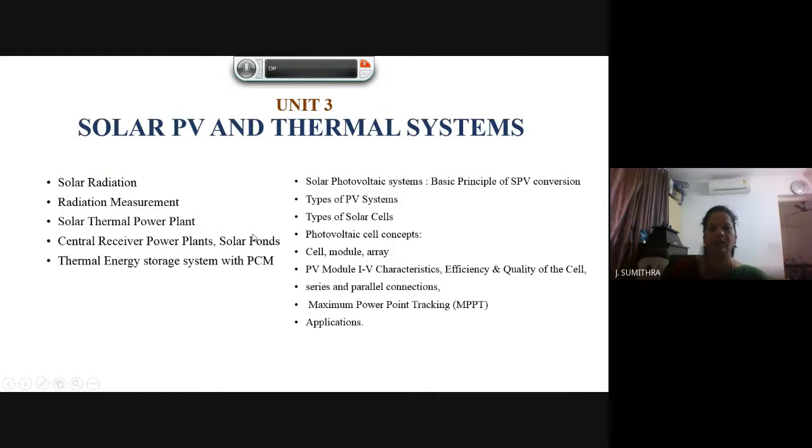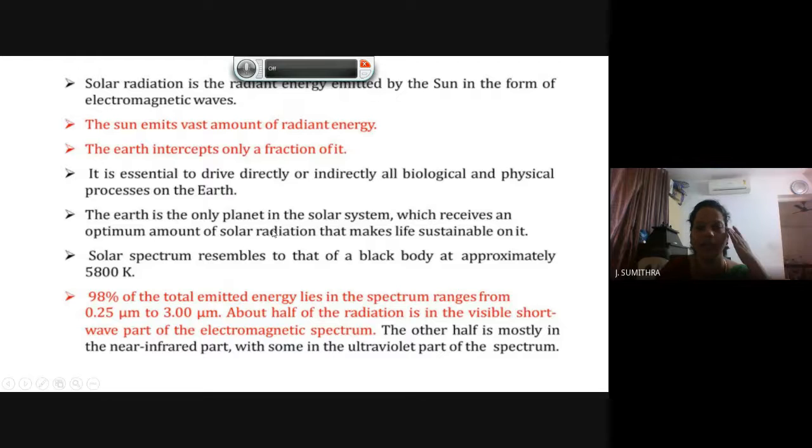Moving on to the topic, the first one is solar radiation. As we all know, it is the energy radiated by the sun in the form of electromagnetic waves.